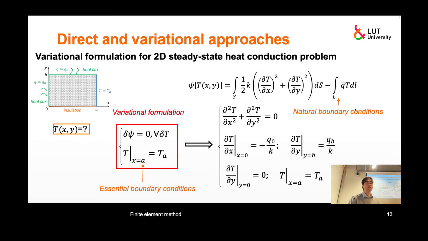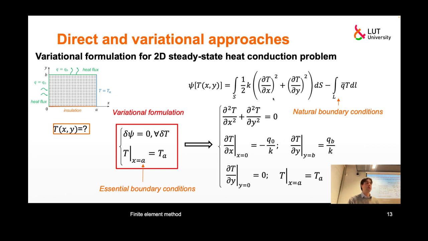And I wanted to emphasize that you see there is a fundamental difference in how we treat different types of boundary conditions here. Boundary conditions when we prescribe heat flux, we mentioned last time that they are called natural boundary conditions, and they are inside the functional.